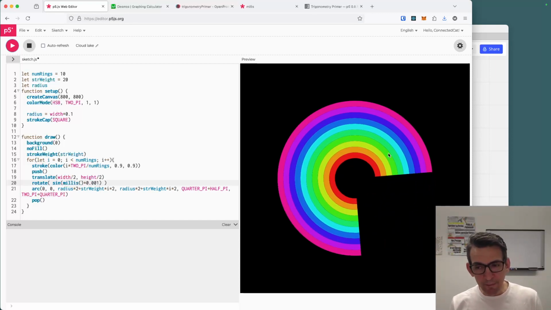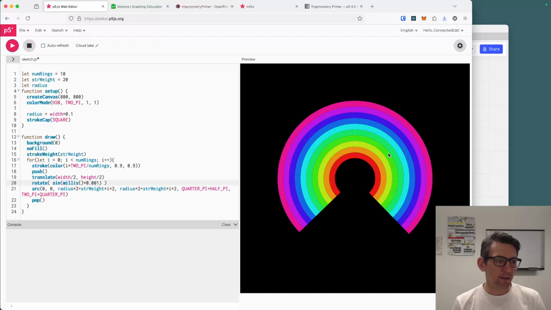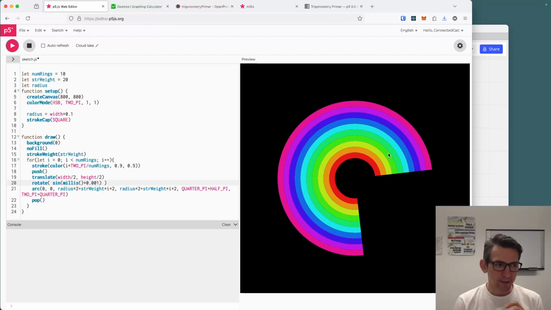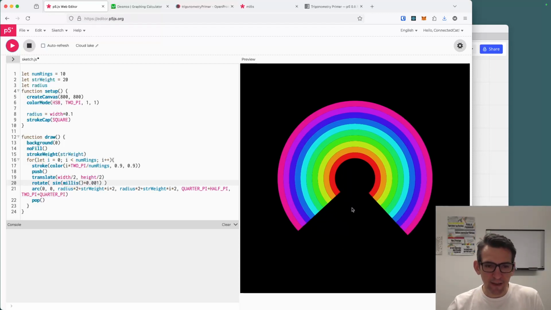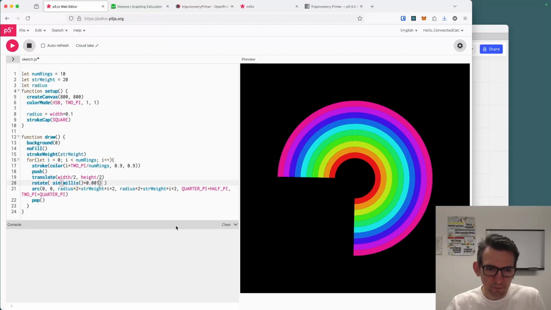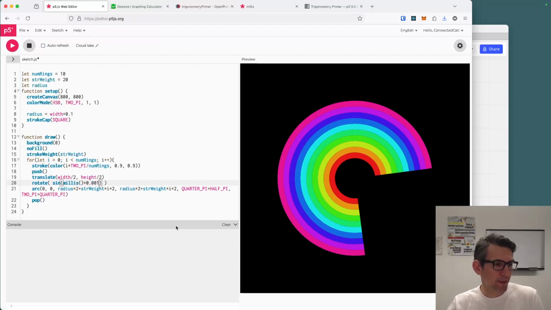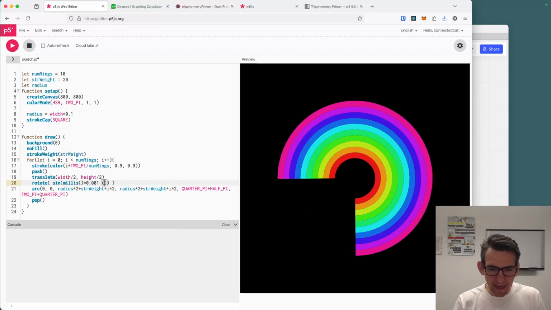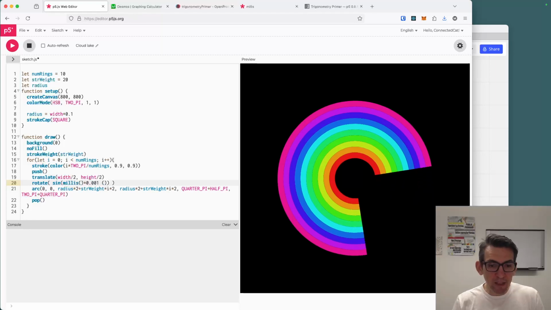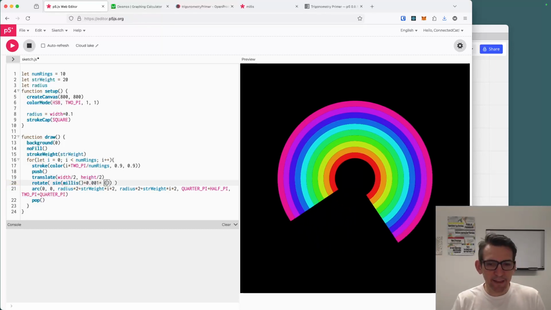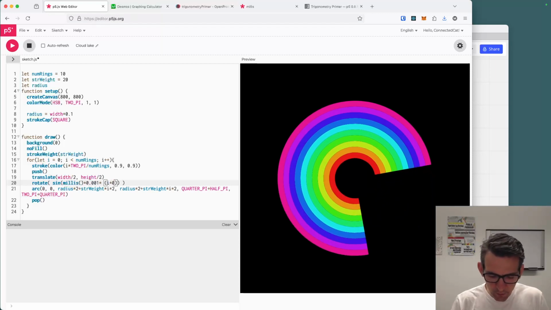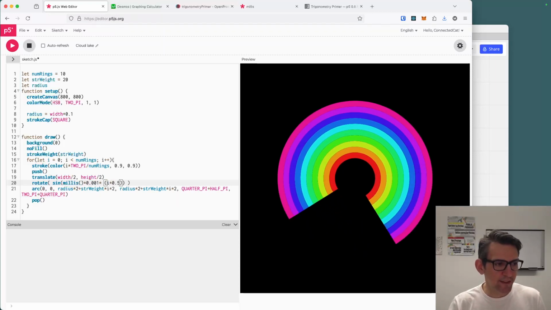But we can make it a little bit more interesting if we involve the number i, the position of the arc, into this calculation, right? So for example, and feel free to experiment with it yourself, what if I say that I'm going to multiply this by i times 0.5, right?